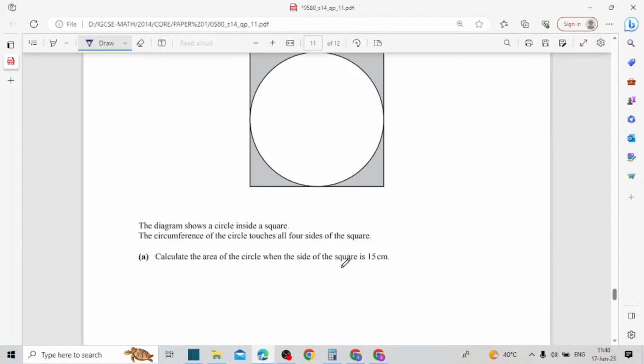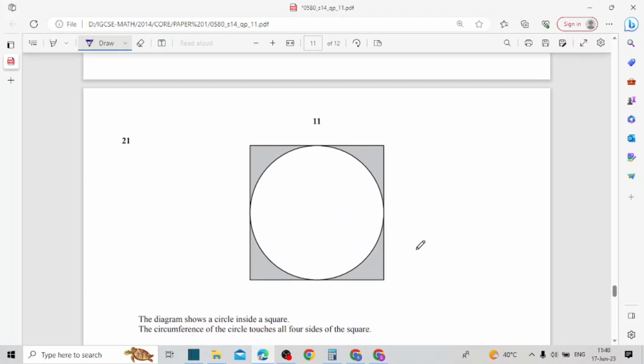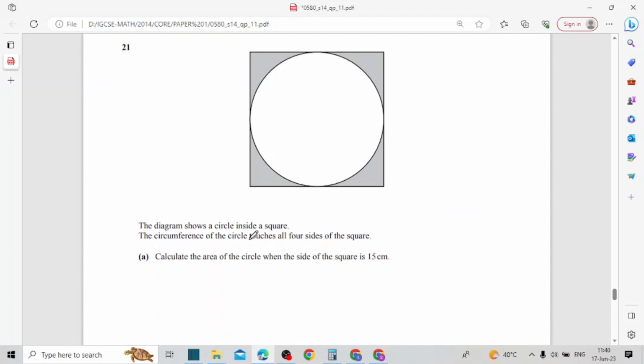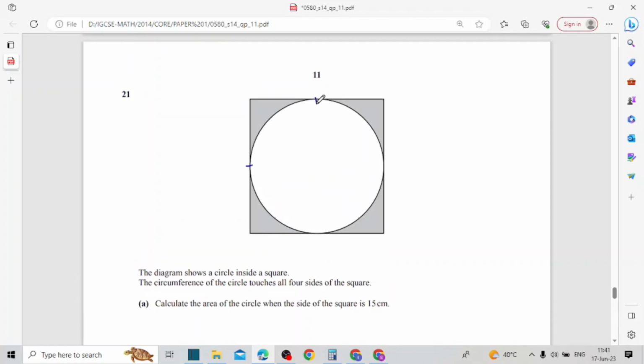Negative. Question number 21. The diagram shows a circle inside a square. The circumference of the circle touches all the four sides of the square. Yes, here it's touching all four sides.